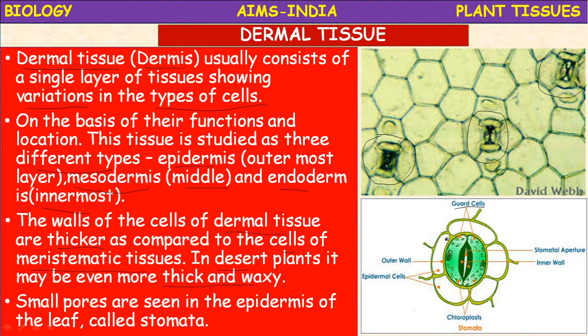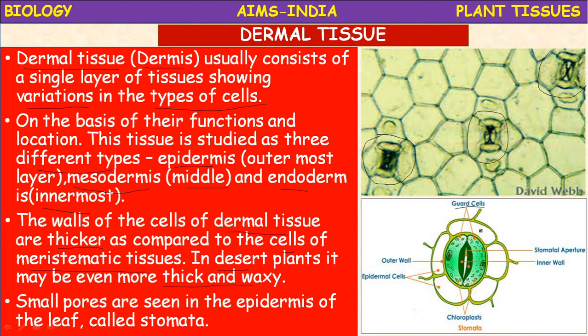Okay, and the cells of the root have longer hairs. So further we can see the longer hair-like structures, they are called root hairs. The function of the stomata is that it regulates the entry of gases.